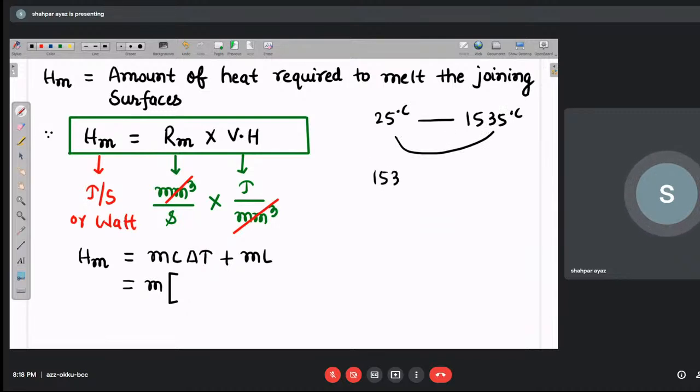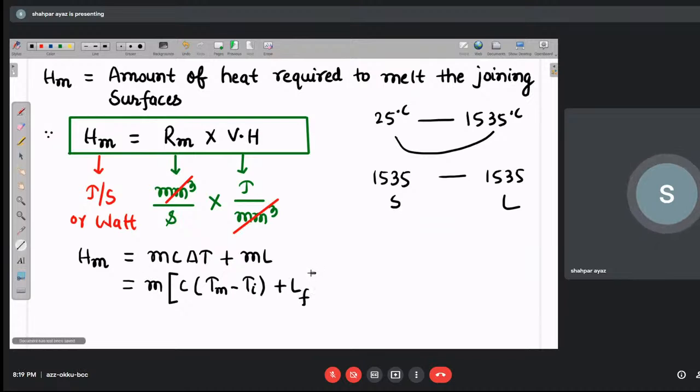Now there will be a phase change: solid at 1535 goes into liquid at 1535. So this is sensible heat, m c delta T, where delta T is the melting temperature minus the initial room temperature, plus latent heat of fusion, which will be given for the material.